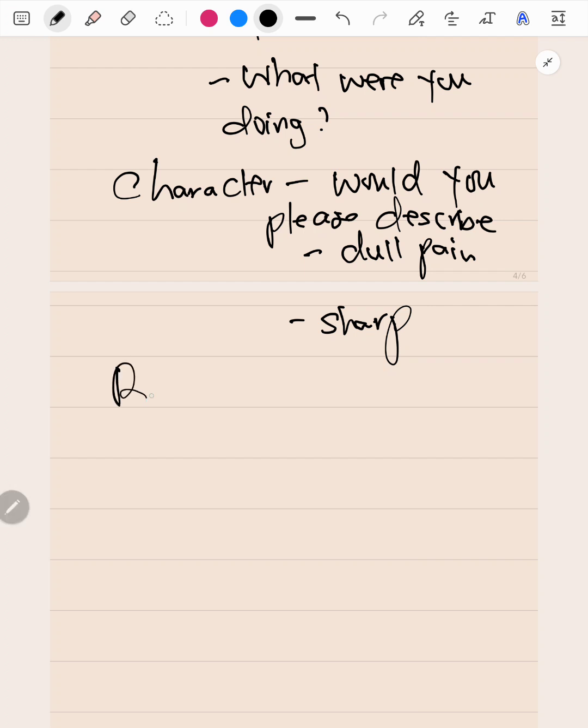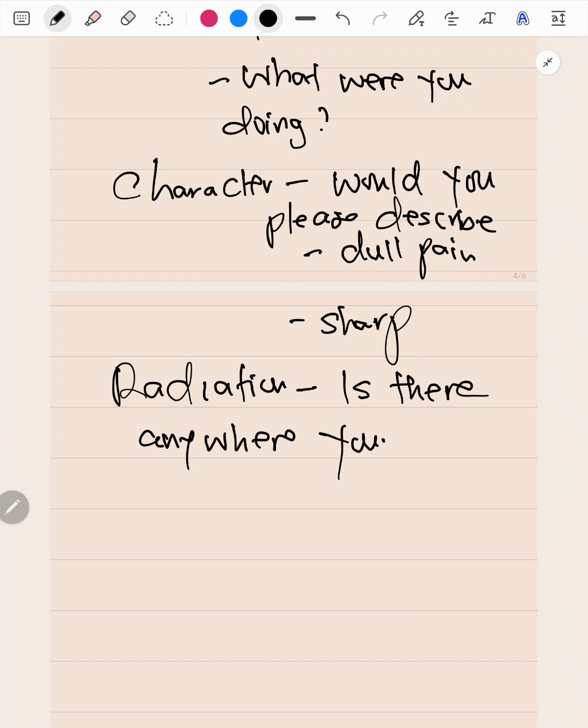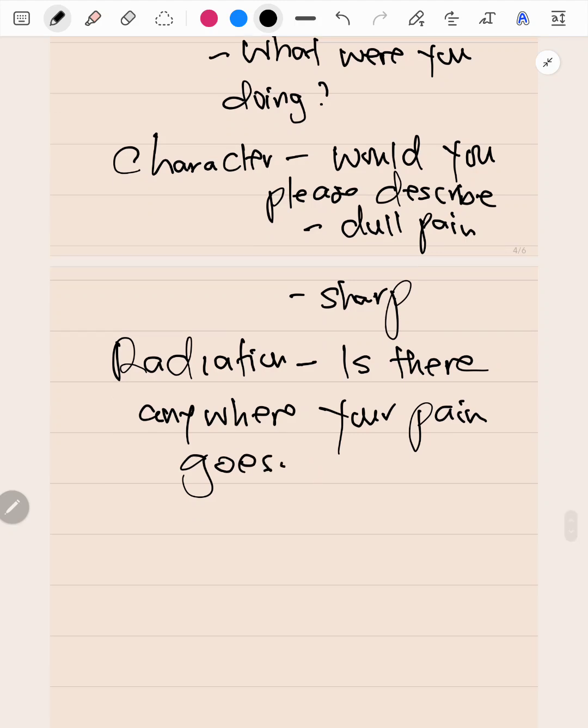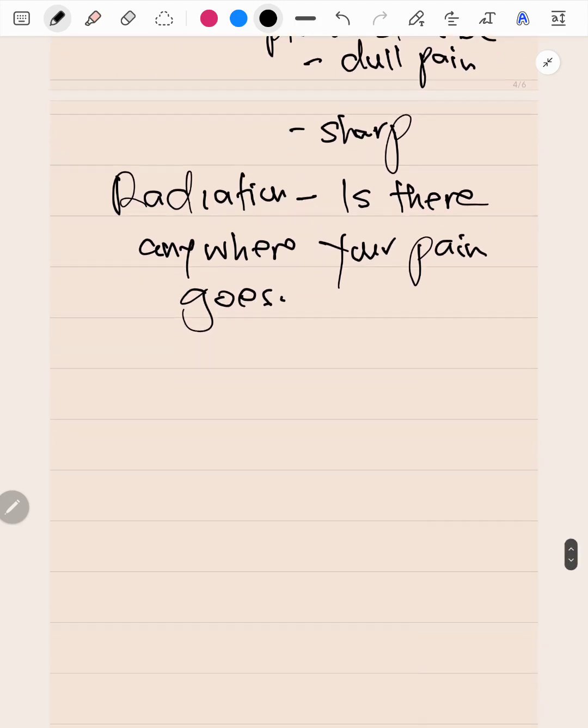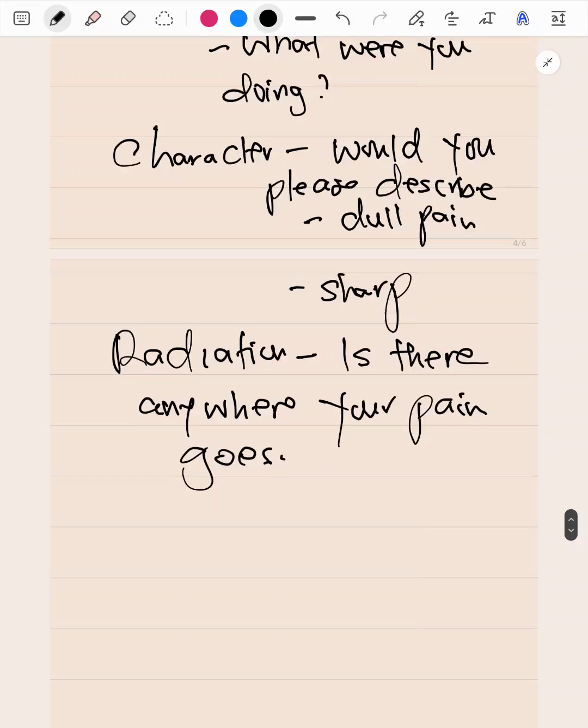So character, then radiation. You are going to ask the patient, is there anywhere else that your pain goes? Or does your pain go anywhere? They will tell you, oh doctor, it goes to my jaw, or they can tell you where it radiates.